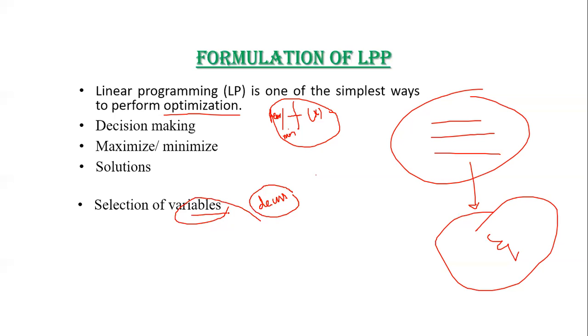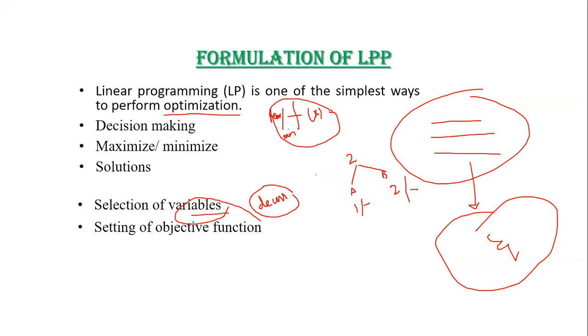So, selection of variables. The next step is setting the objective function. If the goal of the manufacturing company is getting profit, for example, say a company has 2 types of products, A and B. The A product will give 1 rupee profit per unit, whereas B will give 2 rupees per unit.